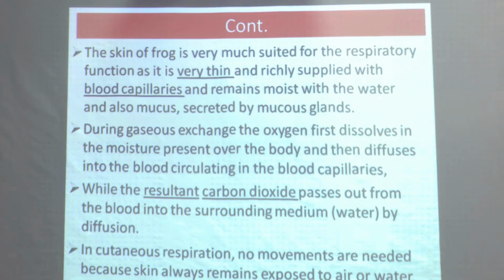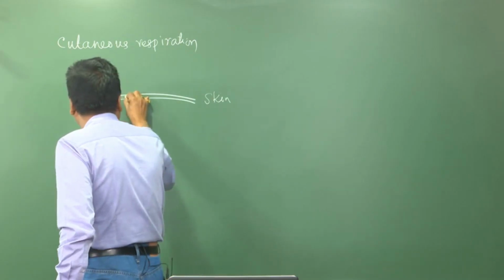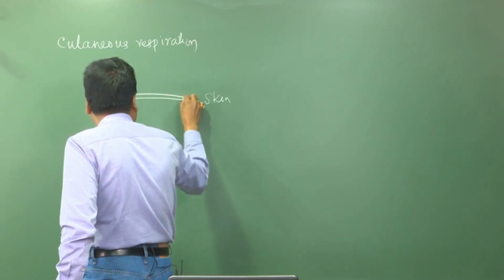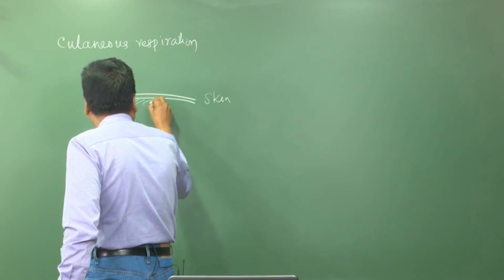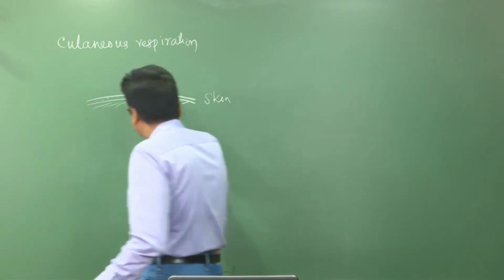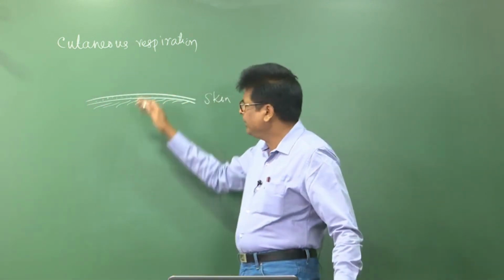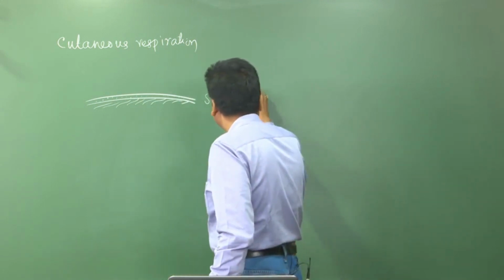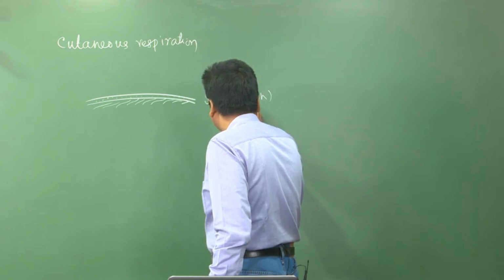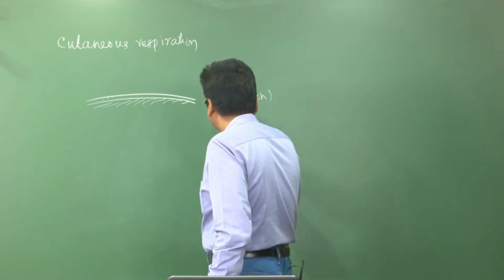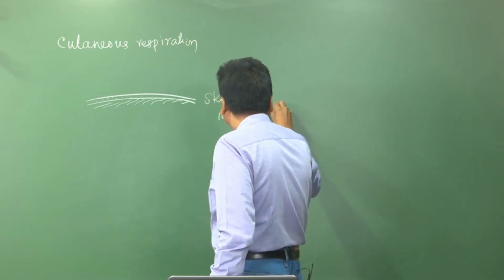This skin always remains moist, and these, for example, are the blood capillaries, present beneath the skin. The skin is thin, and mucous glands are present, so that it remains moist due to mucus.